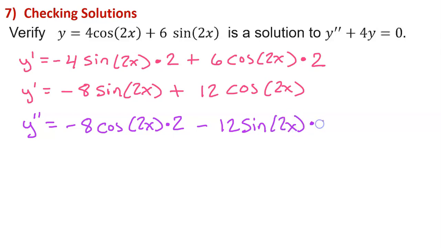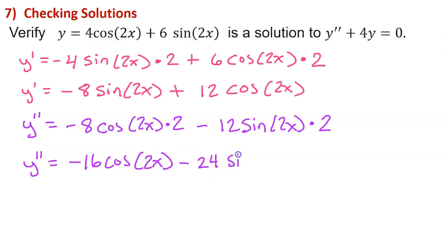Chain rule, multiply by 2. Simplify a little bit. 2 times negative 8 is negative 16, so negative 16 cosine 2x minus 2 times 12 is 24 sine 2x. So this is the second derivative.